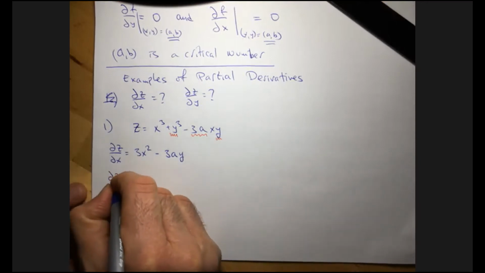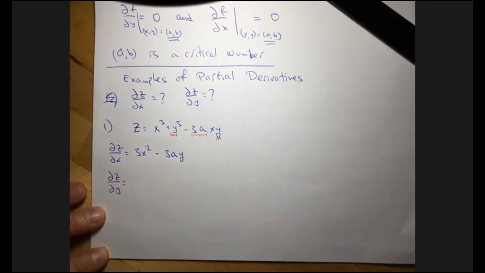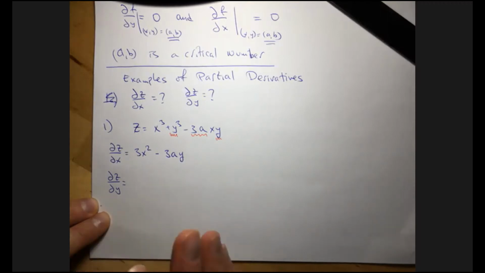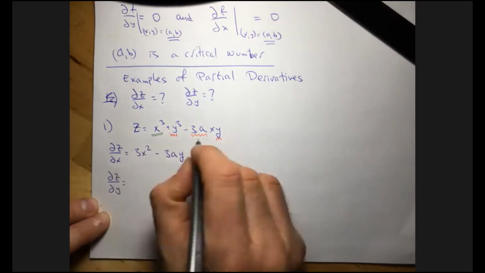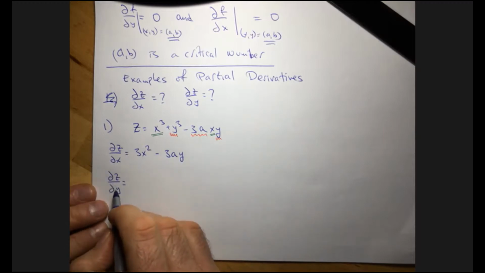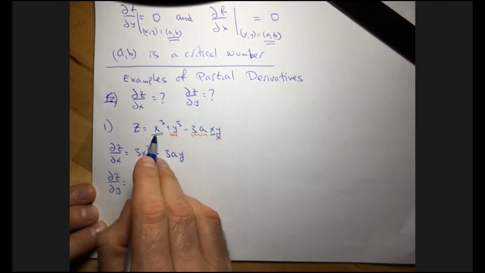Now partial z, partial y. Now I'm looking for the derivative with respect to y. That means every other variable, and here there are only 2 variables, is being treated as a constant. So x is going to be treated as a constant, right? So partial z partial y is equal to derivative of a constant, 0.